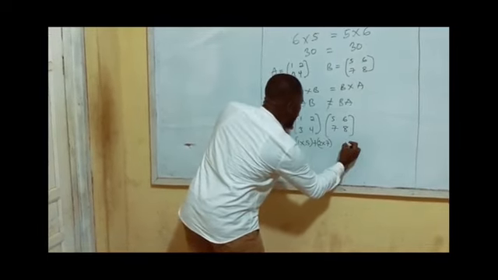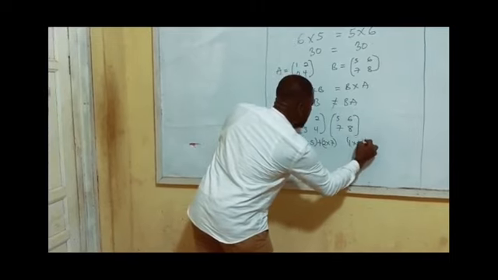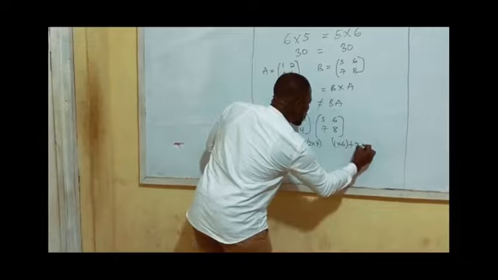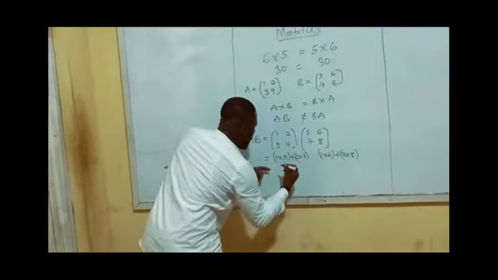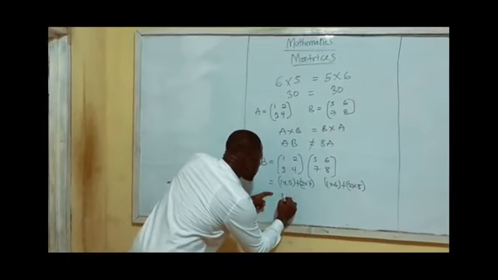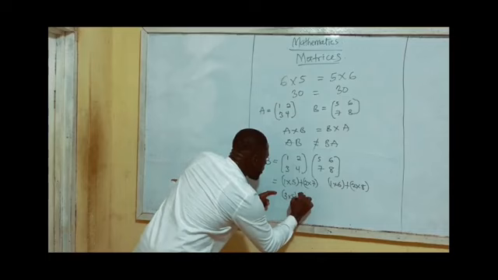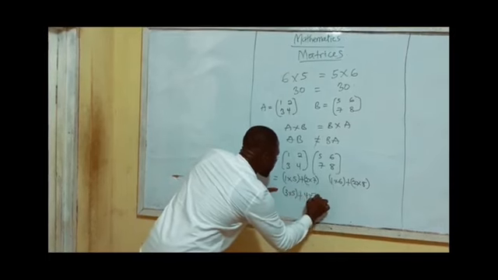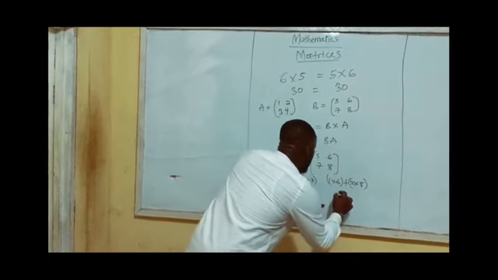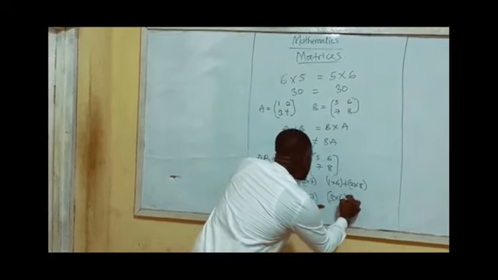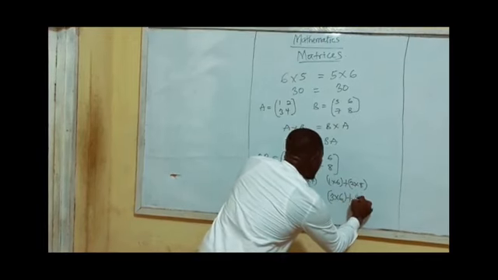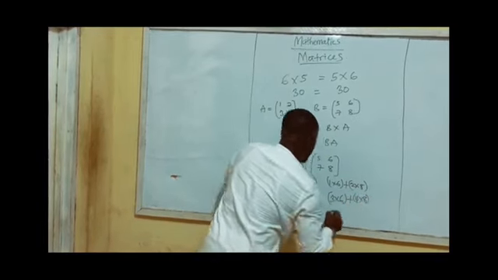Then 1 multiplied by 6, added to 2 multiplied by 8. Row again multiplied by column: 3 multiplied by 5, added to 4 multiplied by 7. Then 3 multiplied by 6, added to 4 multiplied by 8.